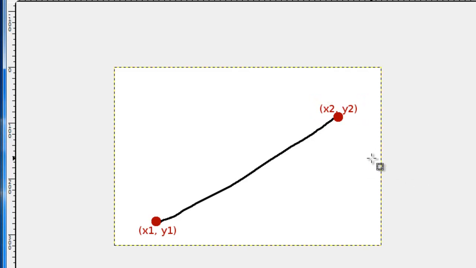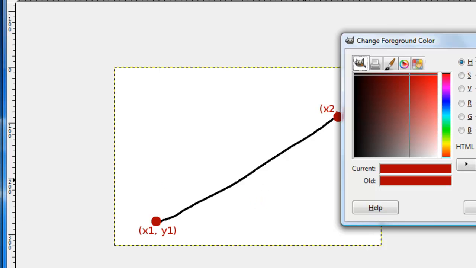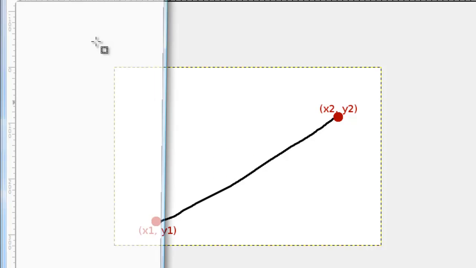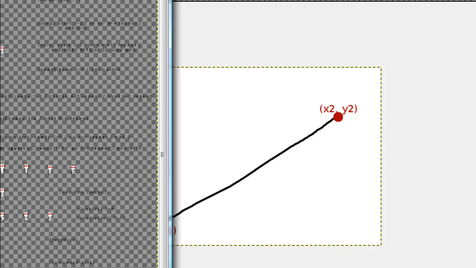Okay, so we have our x1, x2. Let's say our player's feet, our Nekko, is jumping.